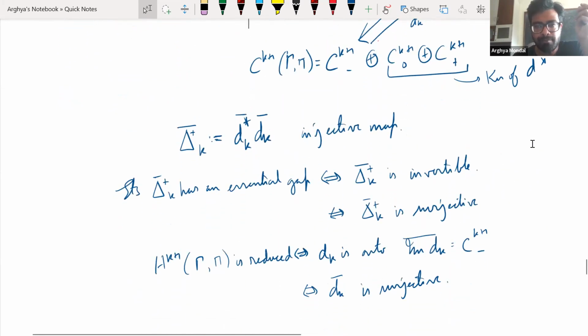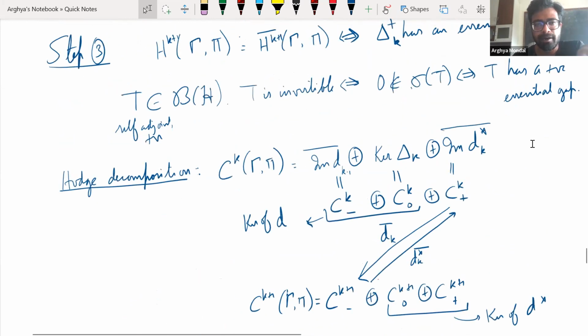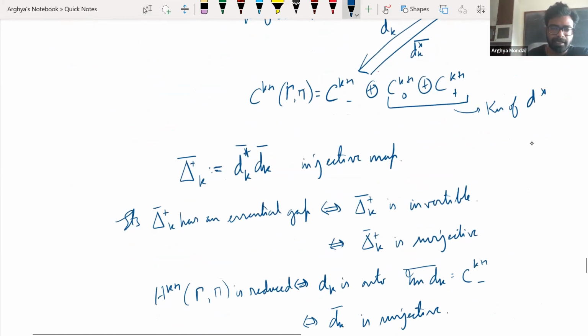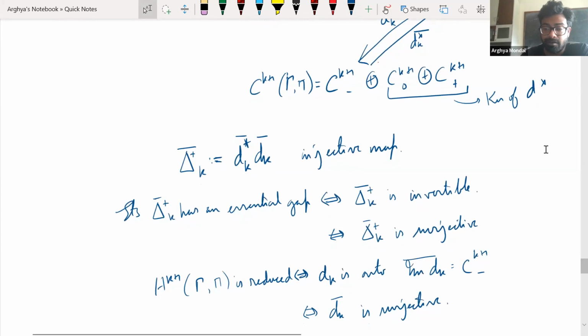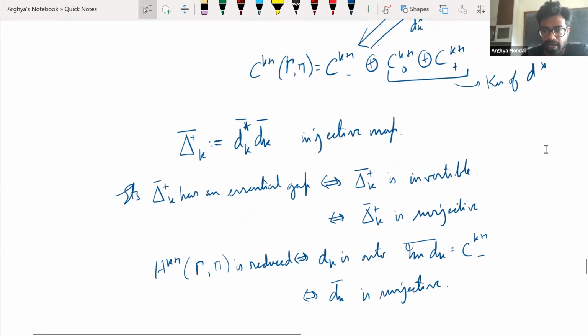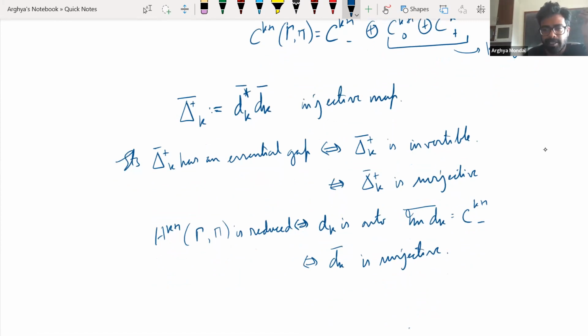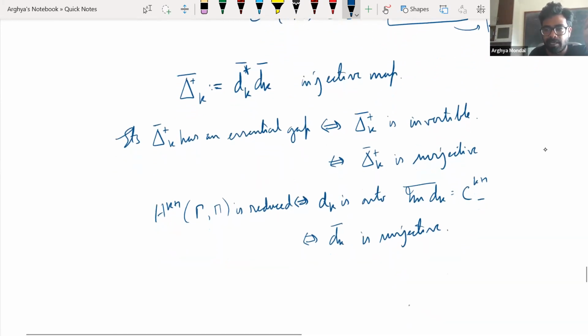So what that helps me in doing is that I can apply this invertibility result. So now we have that delta plus k bar has an essential gap if and only if it's invertible. But since this is injective, that is if and only if it is surjective. And on the other hand, the k plus 1th homology is reduced if the coboundary map is onto the closure of its image, which is the same thing as saying that the map dk bar is surjective.